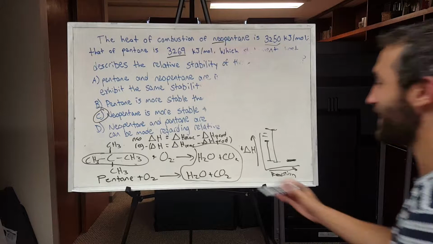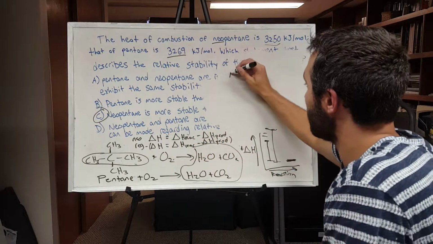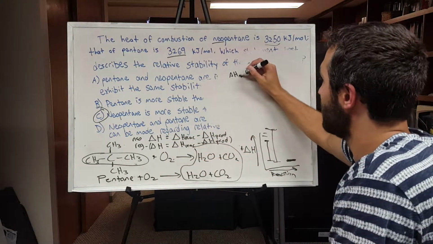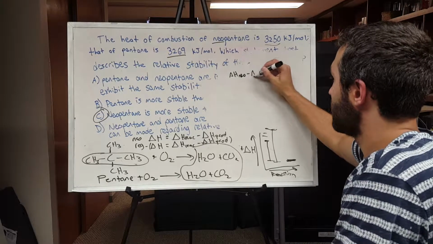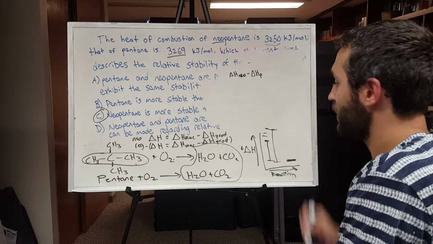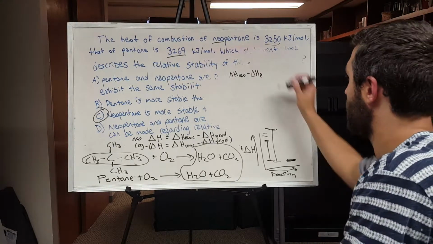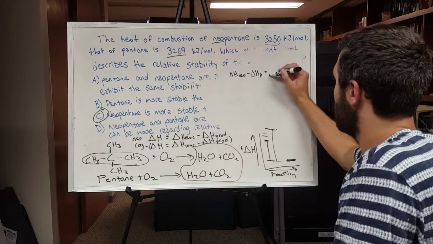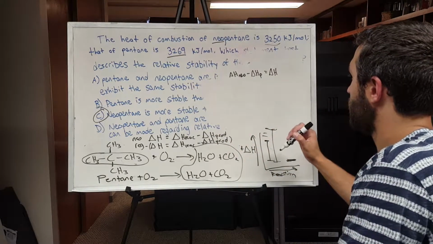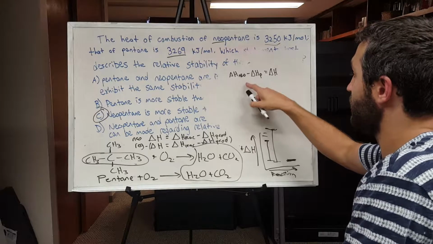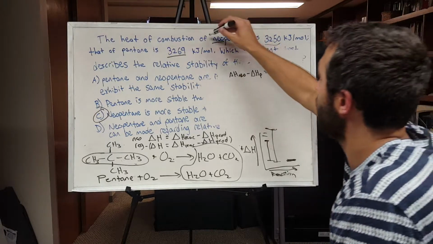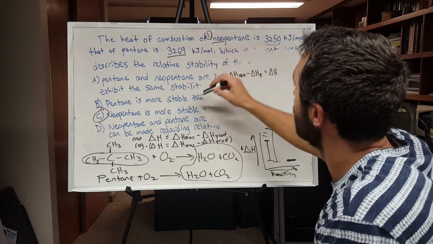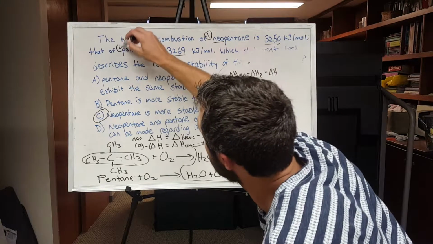So if we did this equation minus this, we'd have delta H neo minus delta H regular pentane will be delta H. Well, this is for the reaction. So call this 1. We'll call pentane 2.